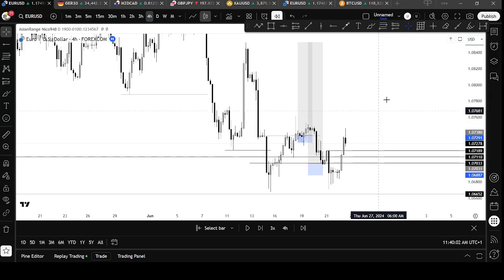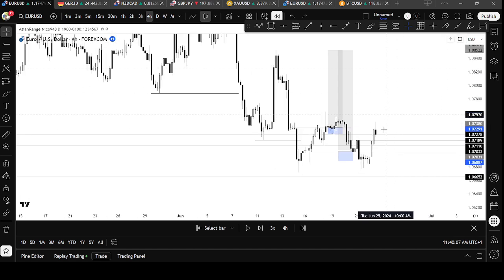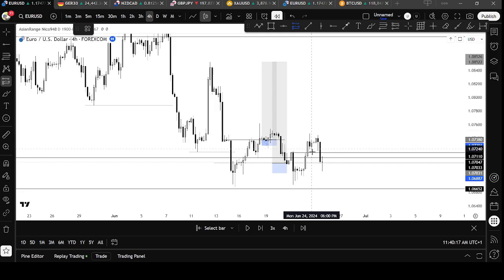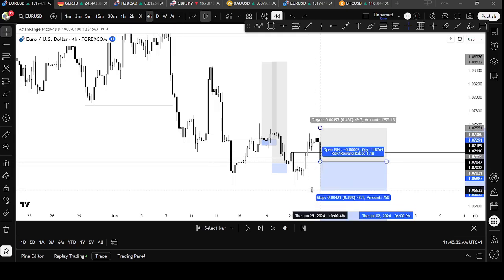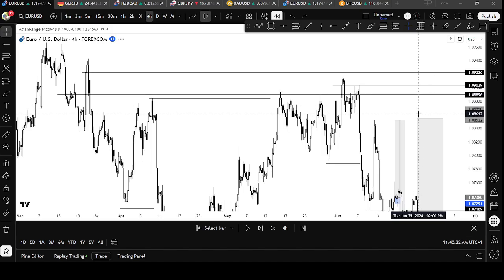So when we talk about entries, I'll talk about how to enter. All these examples are just for the purpose of showing you guys how to enter. Okay, so I'll buy from here now, because I now have a full confirmation that a new storyline has started. And then I'll target here first. My next target will be this high.